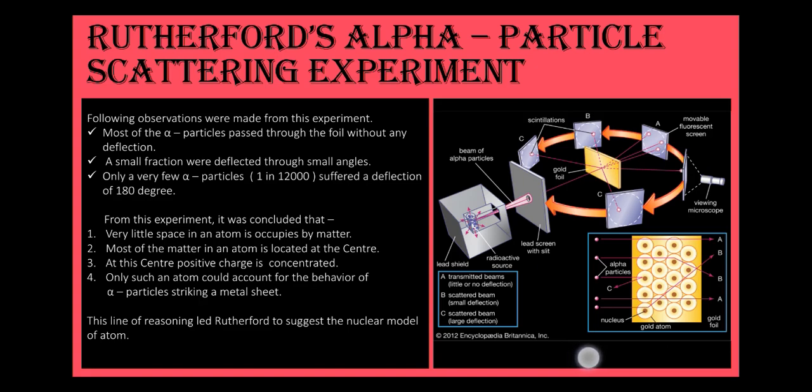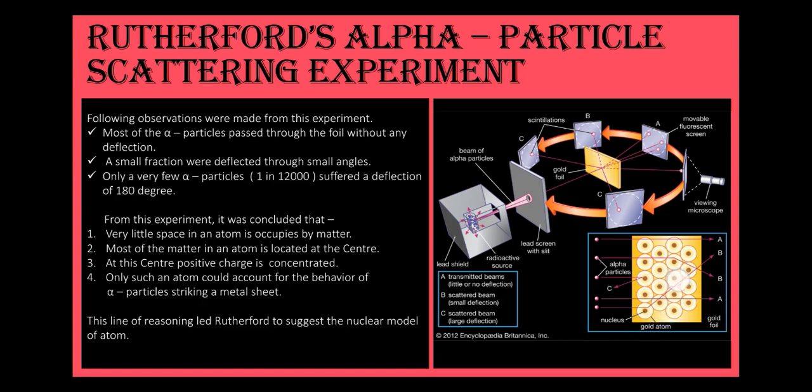Next, he observed that a small fraction were deflected through small angles. Here the rays B are slightly deflected as they collide with some of the atoms in the foil.